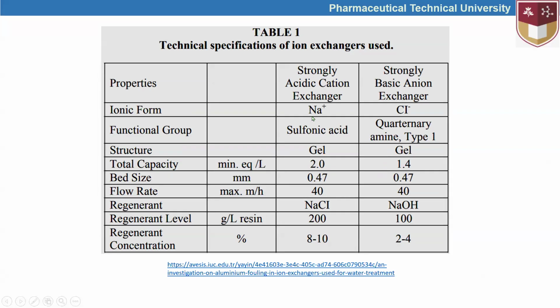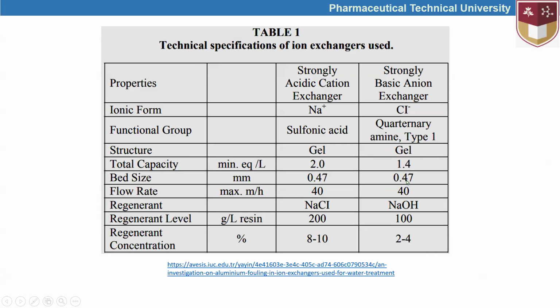In a strong acidic cation exchanger, here we can see the sodium ionic form, and as strong basic anion exchanger, here we can see chloride ions. The functional groups can be, for sodium, sulfonic acid, as talked about in the previous pages as well, and for chloride ions, that could be quaternary amine groups, or other amine groups that we talked about in an example of DEAE or chitosan. The structure, yields and total capacity differ from each other in both cases.